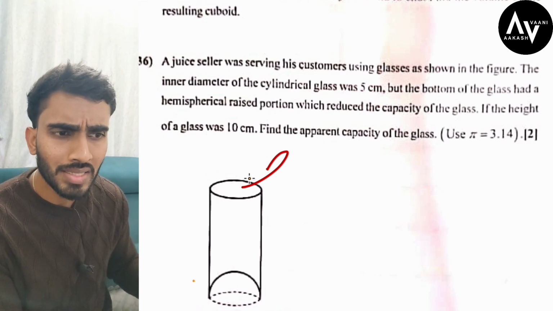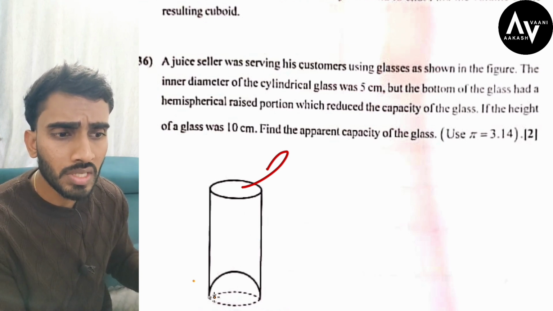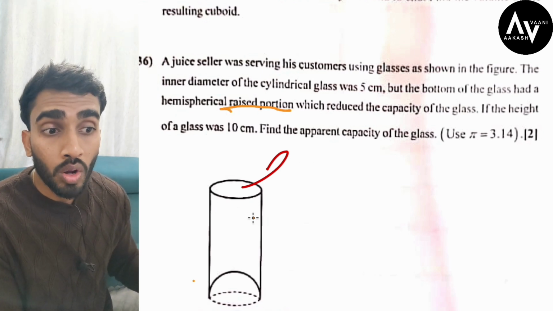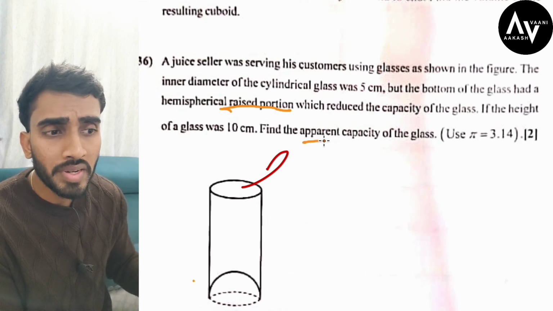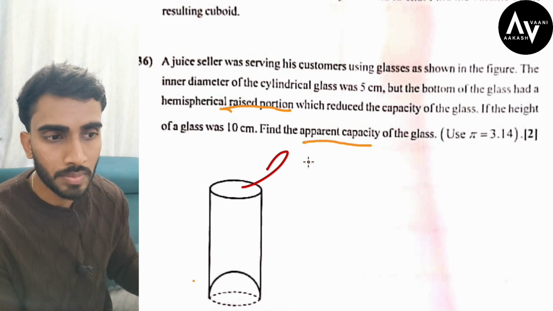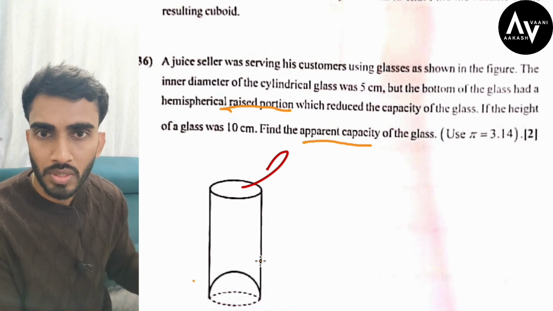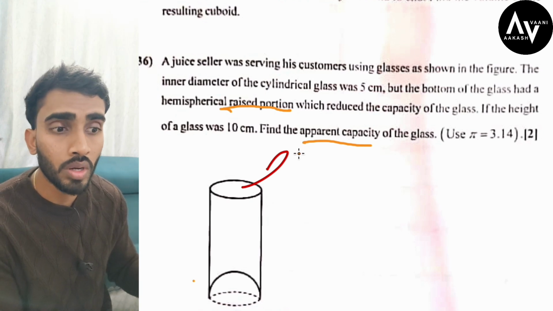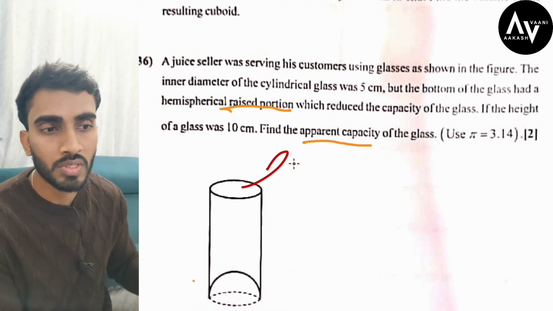So this is the glass which the juice seller was using, and we can see that at the bottom of this glass there is a hemispherical raised portion, as written in the question, which will obviously reduce the volume of this glass. So we are asked the apparent capacity, not the actual capacity. Actual capacity will be reduced because of this hemispherical raised portion, but apparent capacity means what the customers will assume the volume of this cylinder to be.